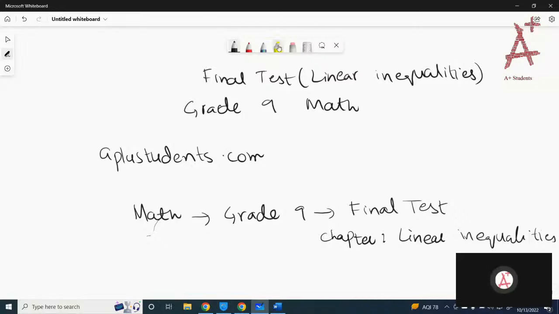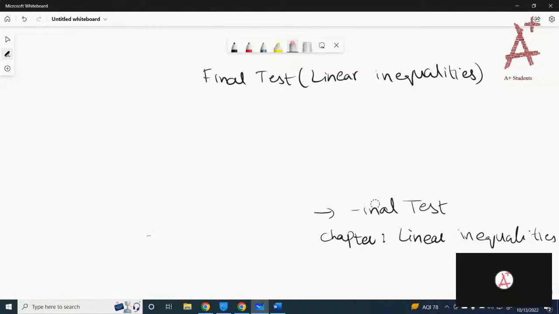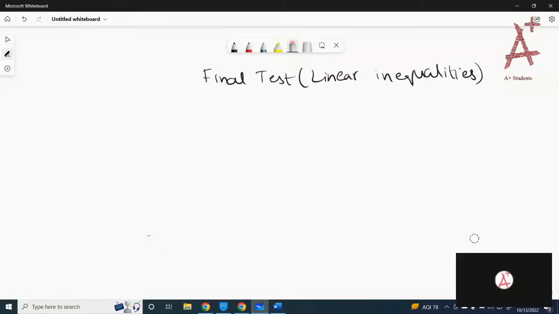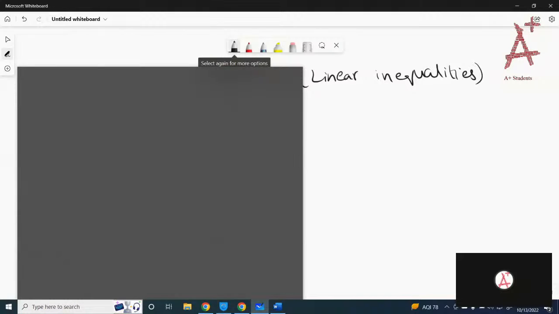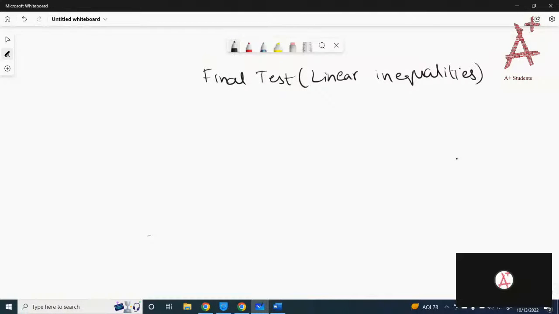So let's start with the final test for the chapter linear inequalities. Let me just clear the board first. We'll start then. Okay, let's start with the final test. Okay, linear inequalities.